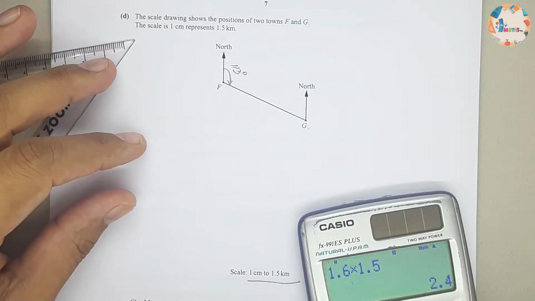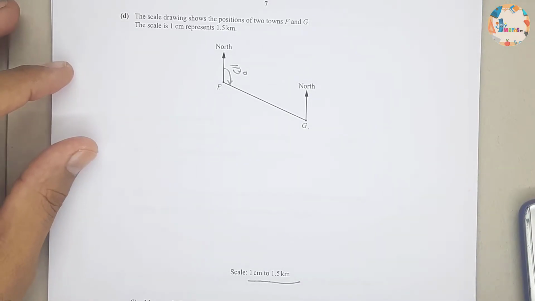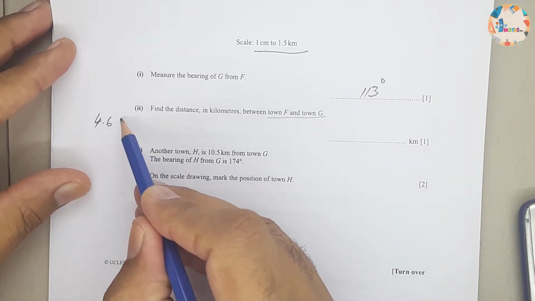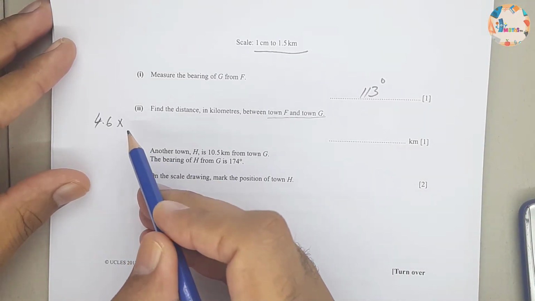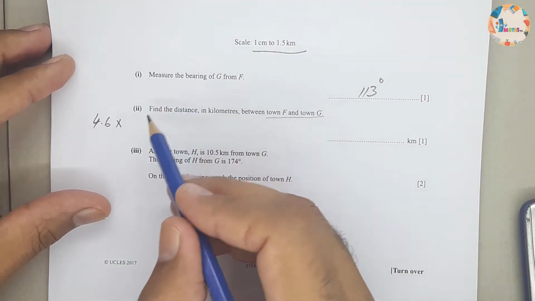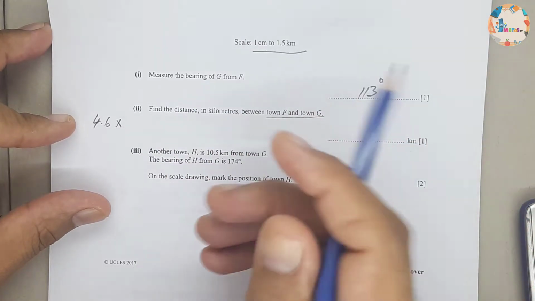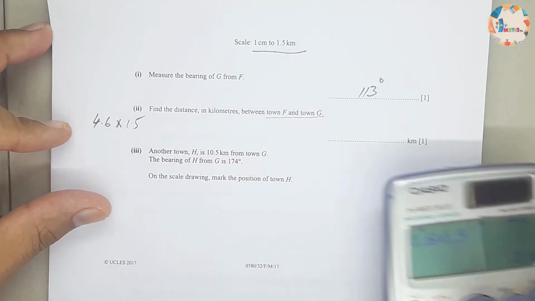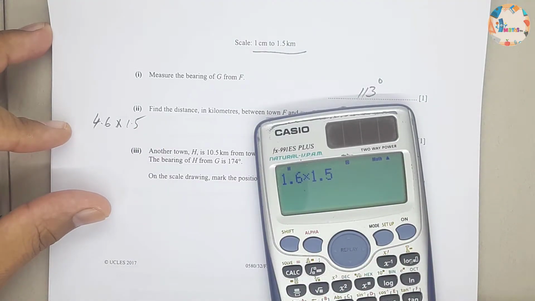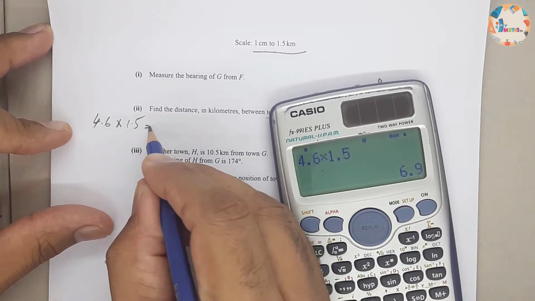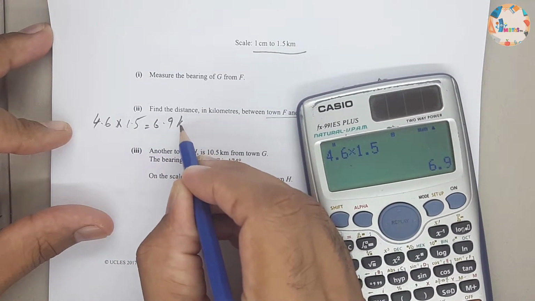If I move this page a little above and right here so that you can see properly, this is a 4.6 measurement, according to the measurement which we are doing. It is a little reduced from the original. So 4.6 multiplied by 1.5 will be giving us 6.9 kilometers.